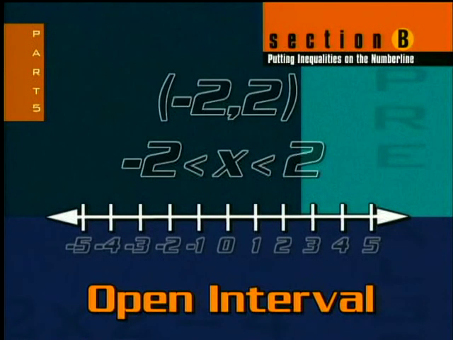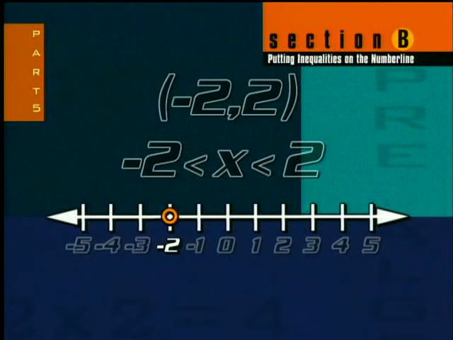Because we've got an open interval, we put an open circle at -2 and an open circle at +2. We do this because we're only dealing with less than and greater than signs, not equal to. Next, we shade the line in between them. Now, the shaded part of the number line represents our interval between -2 and +2, but not including -2 and +2.